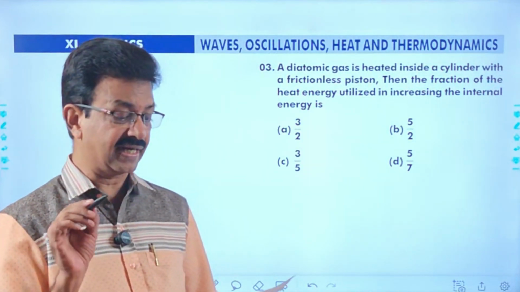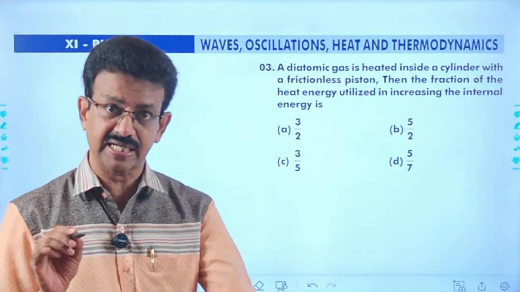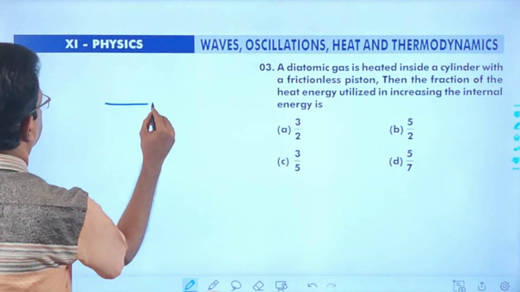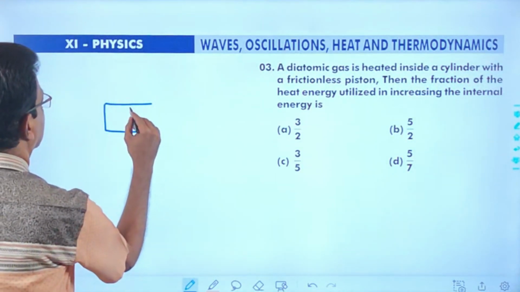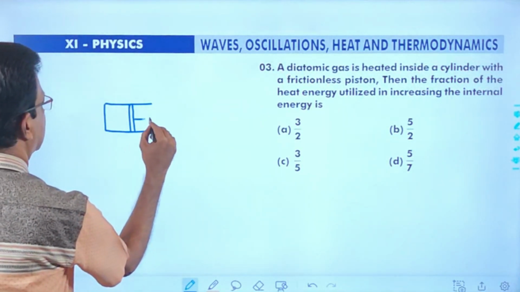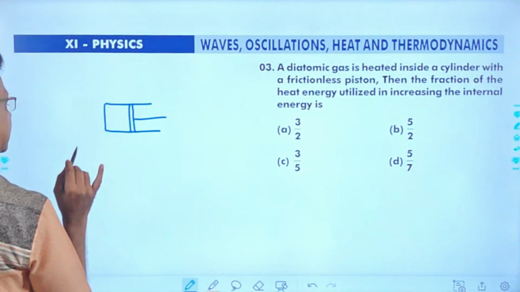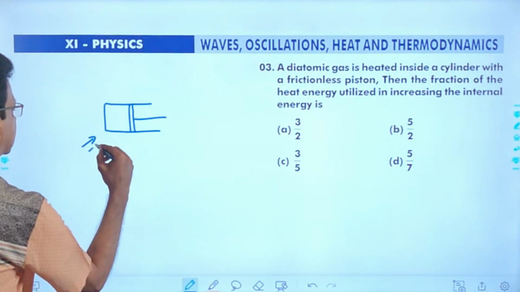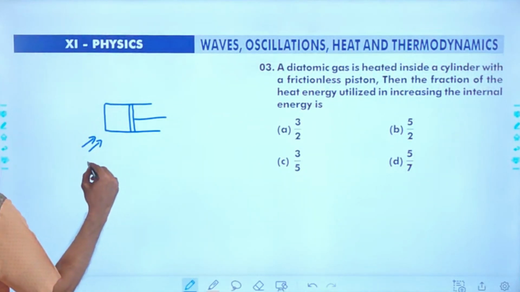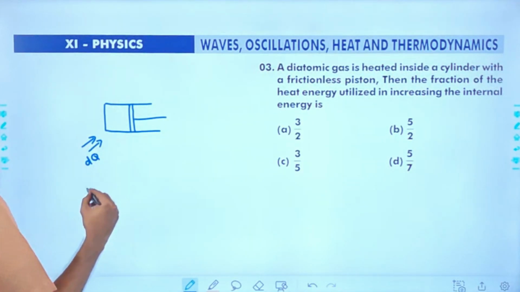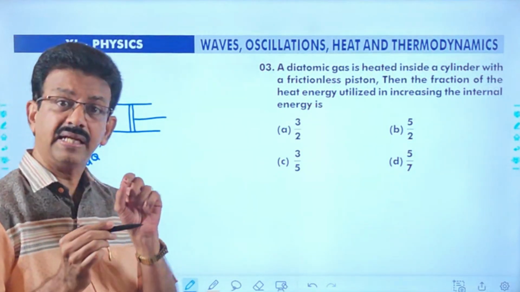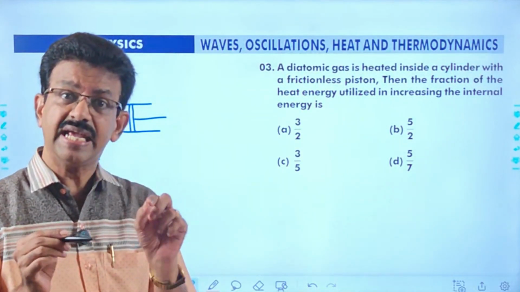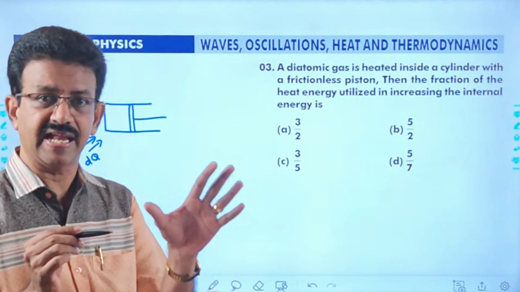A diatomic gas is heated inside a cylinder with a frictionless piston. I'll draw the figure. A frictionless piston, and the pressure inside will be P. If heat is supplied externally, initially the heat energy is utilized only in increasing the internal energy.